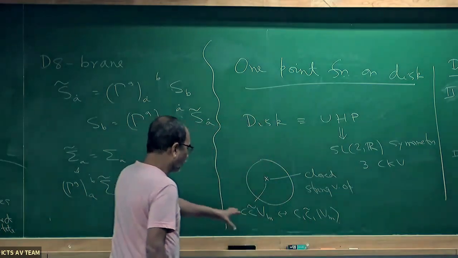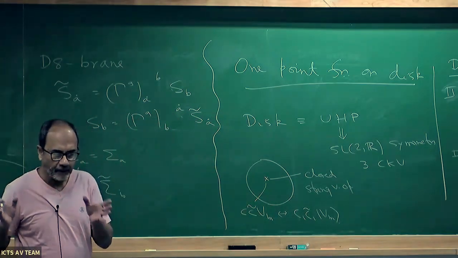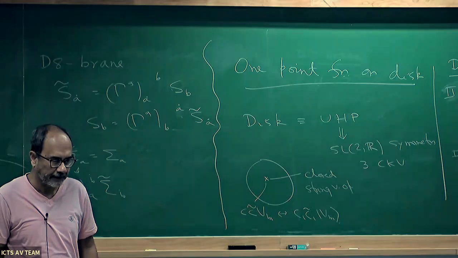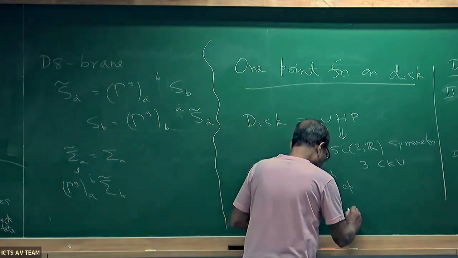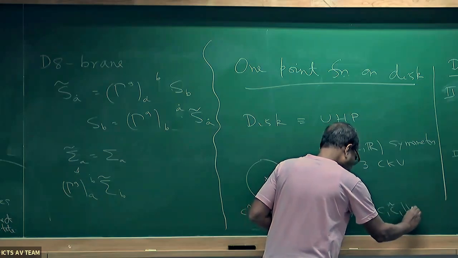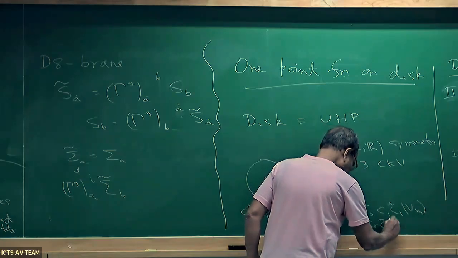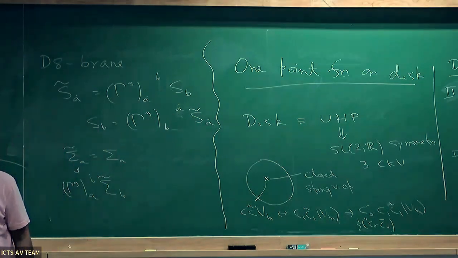And this somehow is related to the fact that you have not fixed the third CKV. Because at the level of ghost number conservation, it doesn't really know that the conformal Killing vector generates a compact space. At this stage, it just counts ghosts and finds that we don't have the right number of ghosts, so you set it equal to 0. So it turns out that you have to go through the procedure in a little more detail. But effectively the prescription is that if you want to calculate the 1-point function of a closed string vertex operator on the disk, you replace the state by c_0^- c_1 c-bar_1 V_m, where c_0^- is basically half of (c_0 minus c-bar_0). And there are some factors of 1 over 2 pi, because this conformal U(1) has a volume of 2 pi, which you will not worry about.